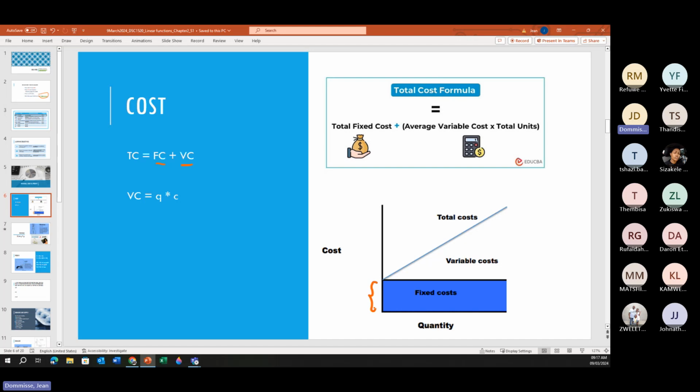Think about fixed cost as something that you know on a monthly basis stays the same. So if you're renting, if you're paying a home loan, if there's a car payment going off, those are things that you know are a fixed cost.